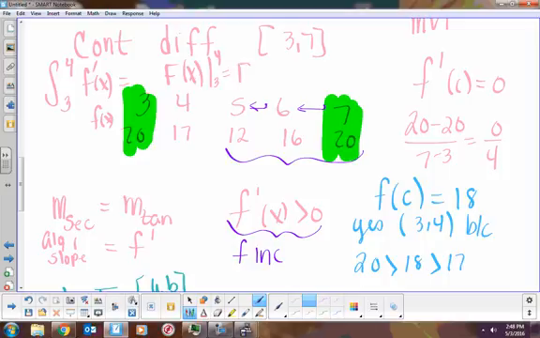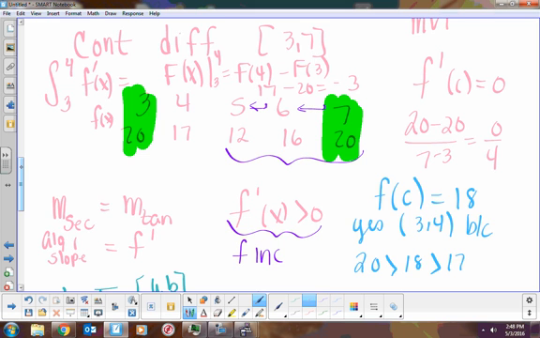Then I would do F of 4 minus F of 3, and F of 4 is 17 minus 3 is 20 is negative 3. When you have a table on a free response, or in the multiple choice, it's a possibility. They will test you somewhere on that concept. It is a big one.